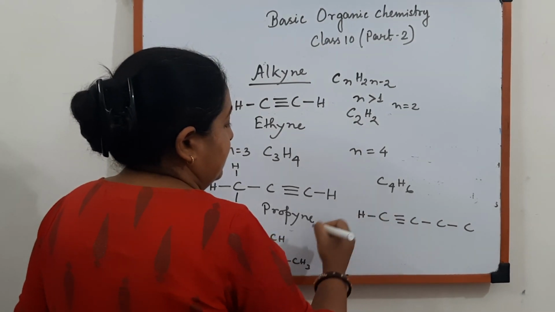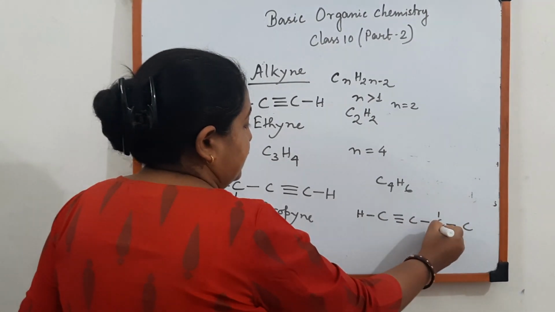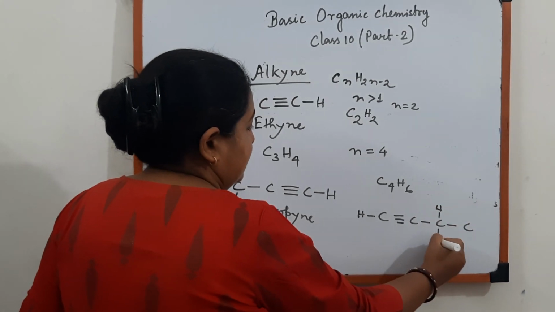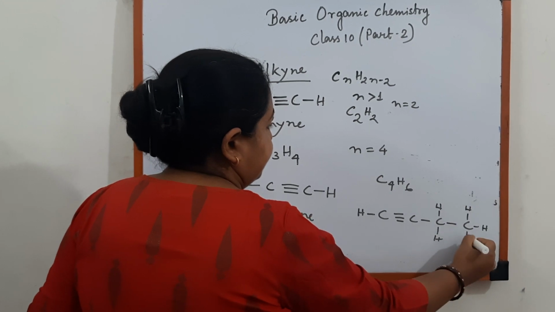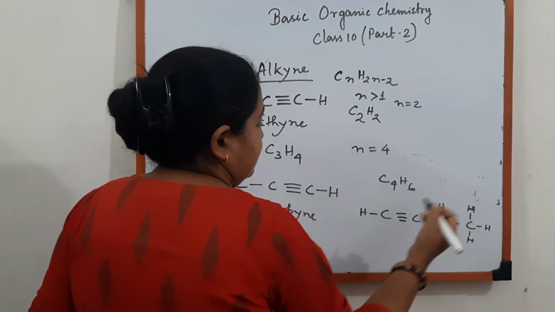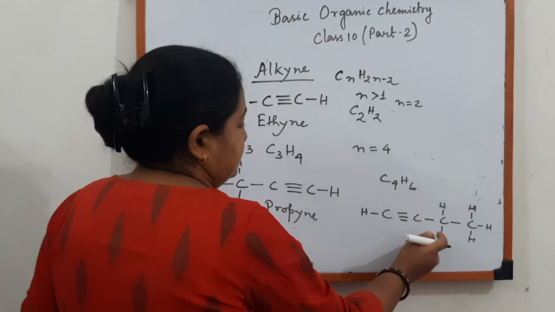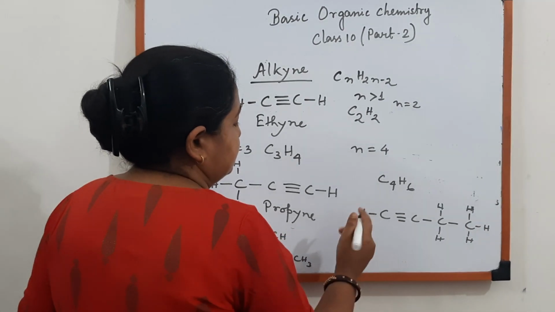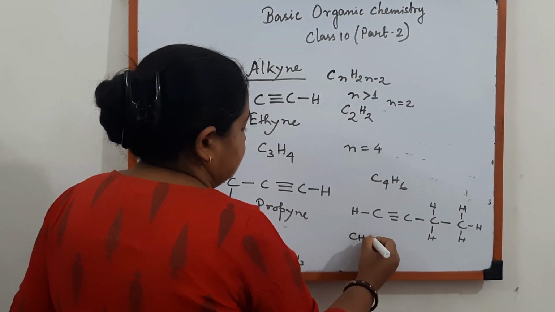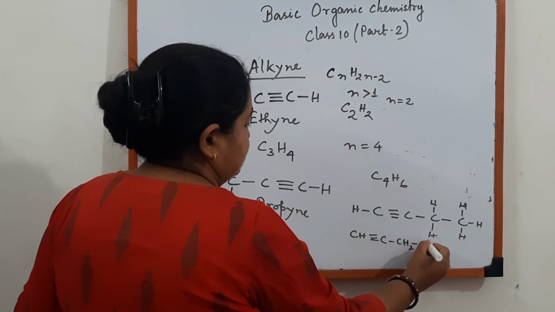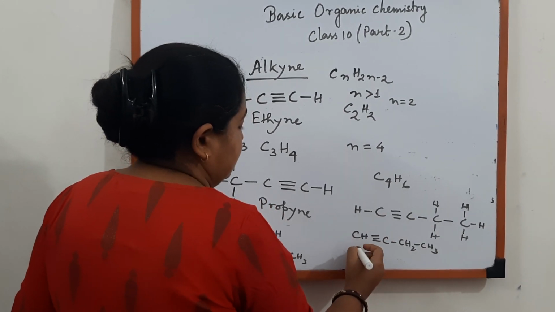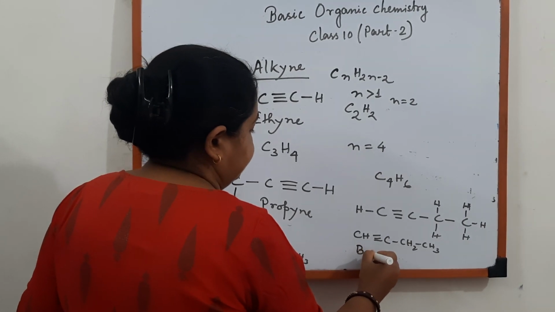Here put 1 hydrogen, this carbon has 2 hydrogens left, and here 3. CH3, CH2, C triple bond CH, or we can write CH triple bond C, CH2, CH3. What is the name? That is butyne.